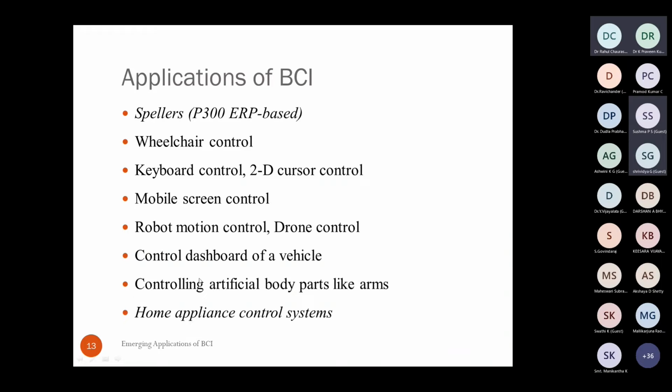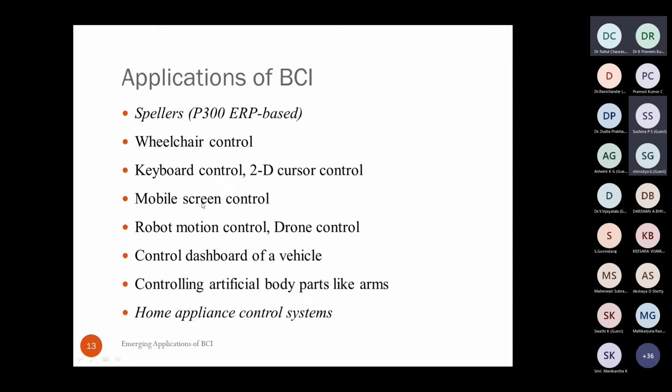This is very important: some people may not have hands or feet, but they want to move them. From your brain, you can send the signal and your artificial hand will move. That is controlling an artificial body part using BCI. This is a very interesting application. Home appliance control is also a very good application.